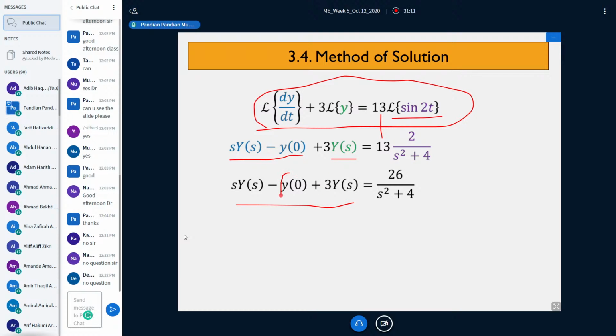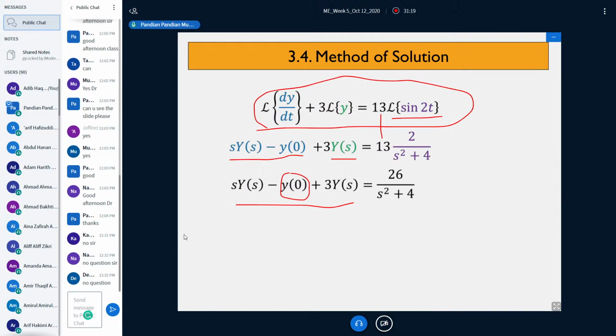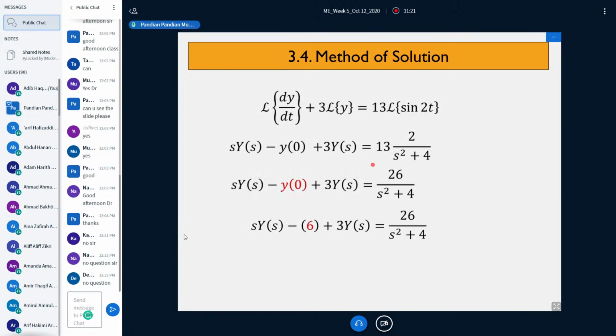Now we have to replace this y(0). What is y(0)? You go back to the previous slide. y(0) is 6. So now you simplify again.